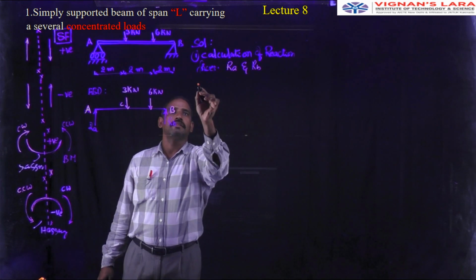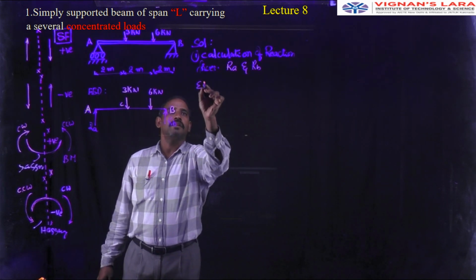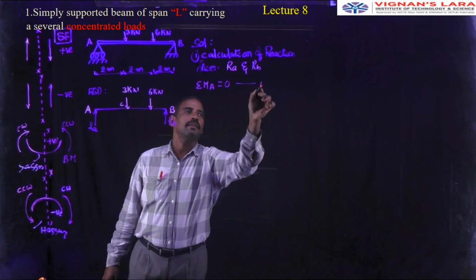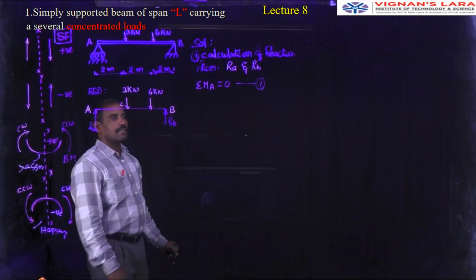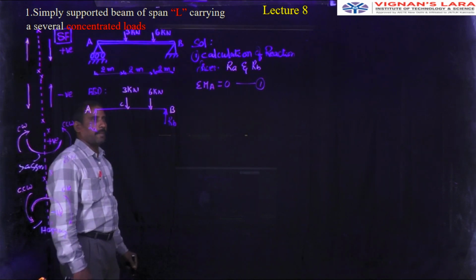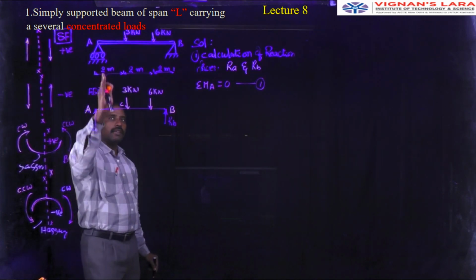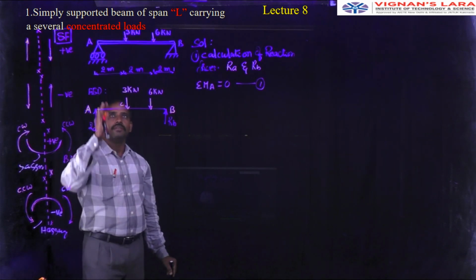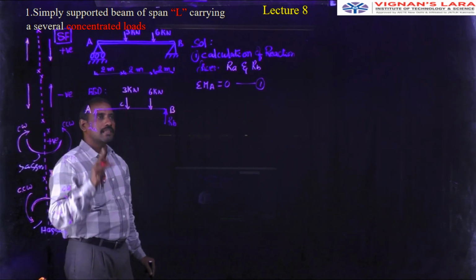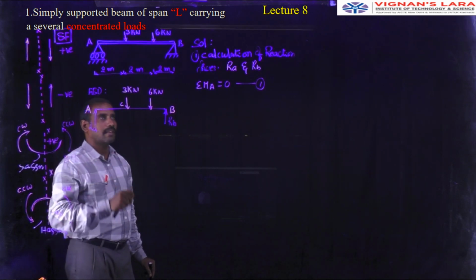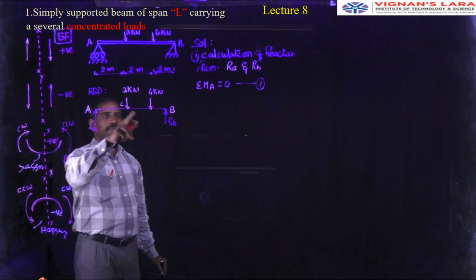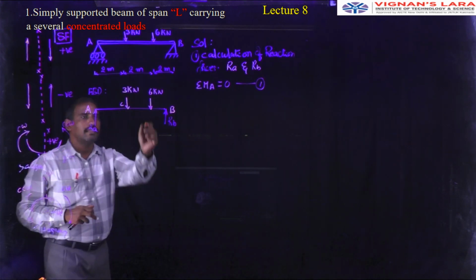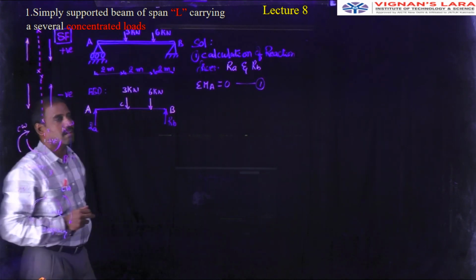For that, first take moments of all the forces about A and apply the condition of equilibrium, represented as equation number 1. Whenever taking moment of any force about any point, you must measure the perpendicular distance from the moment center to the line of action of the force. Here, how many forces are acting on the body? One is RA, second is 3 kilonewtons, third is 6 kilonewtons, and fourth is RB.